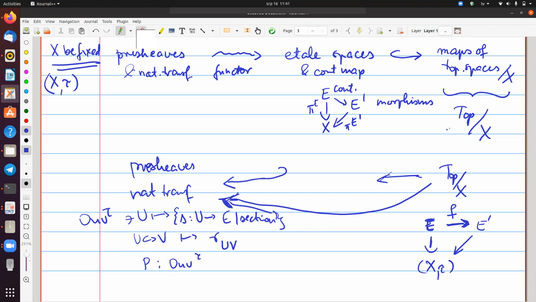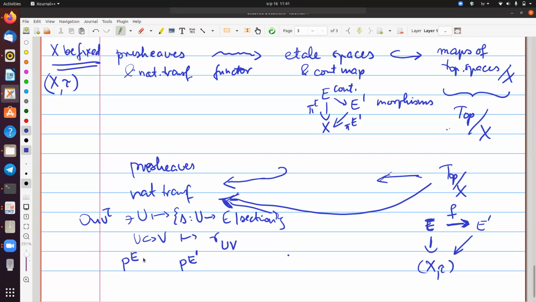It's not good to call it P, because P was a generic one, and this has to be related to E. So maybe I can call it P_E, and then we have P_E prime.